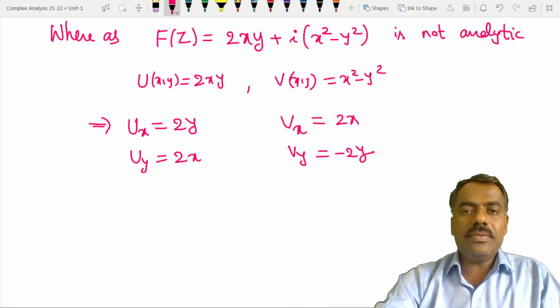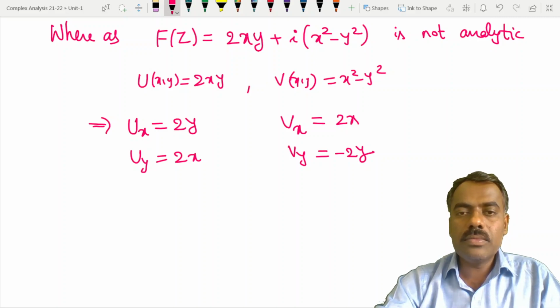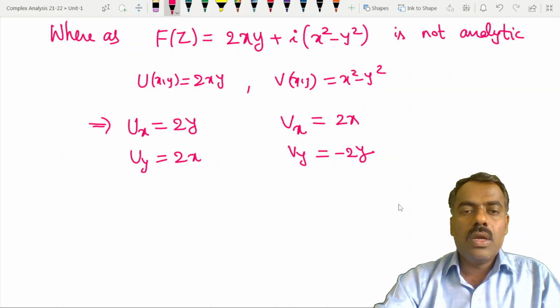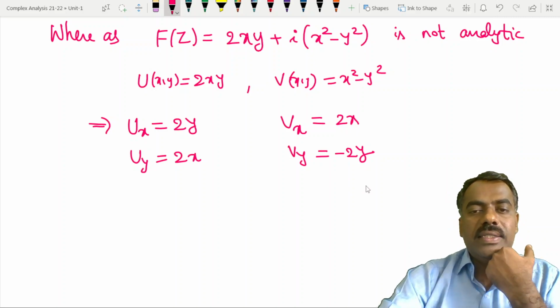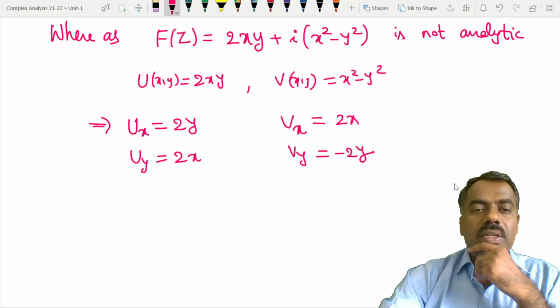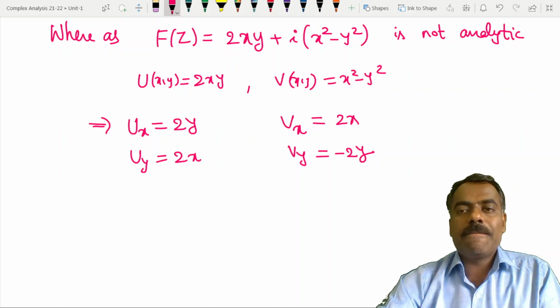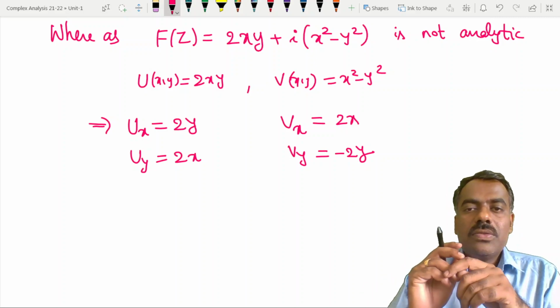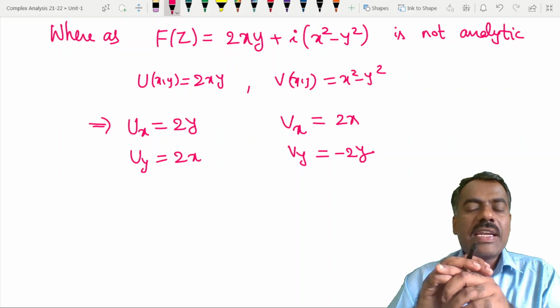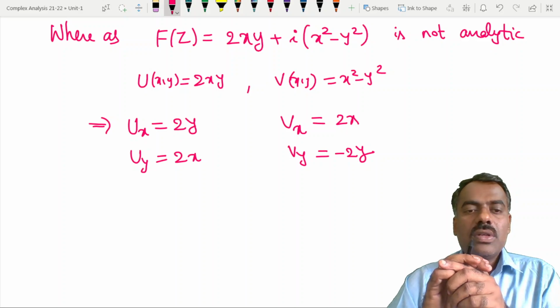Clear? Any problem? So can ux equal vy? What are your equations? ux = vy and vx = −uy, right? Yes or no?